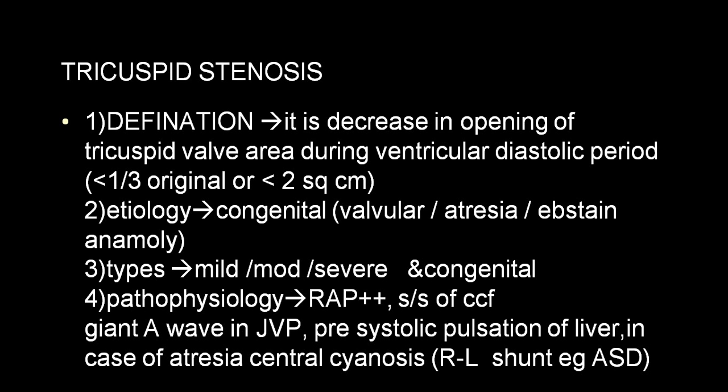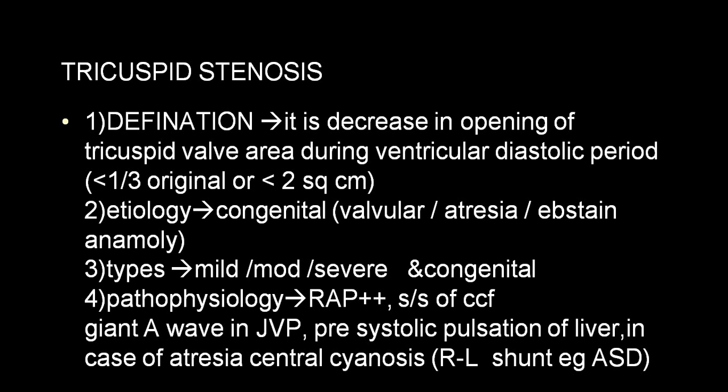By and large, the most common cause of tricuspid stenosis is congenital, which can be involvement of the valvular structure, or congenital atresia, or one anomaly we call the Ebstein anomaly, where the valve is attached deep inside the RV chamber.